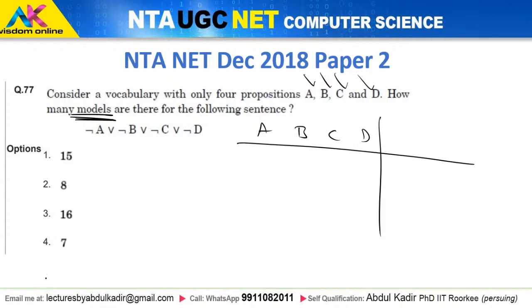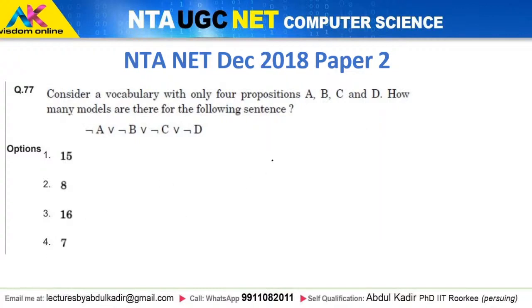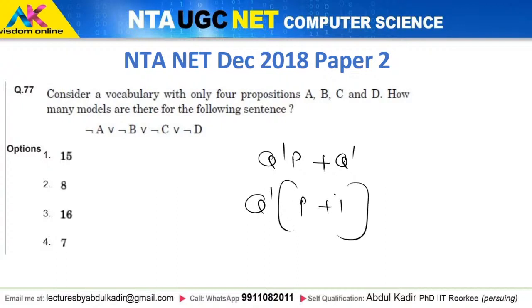So the expression that Amandeep is asking is q dash p plus q dash. You can either use the truth table, or in this expression take q dash common, then you will get p plus 1. P plus 1 is nothing but 1.